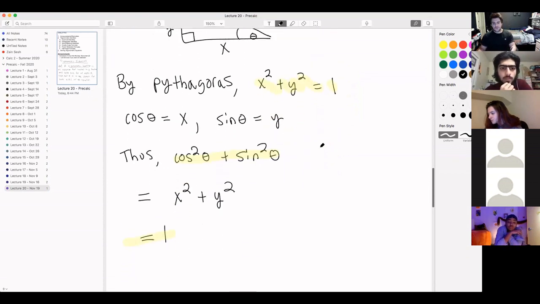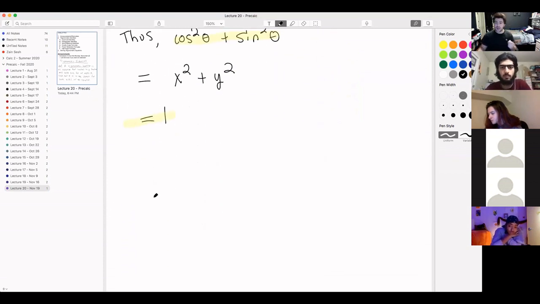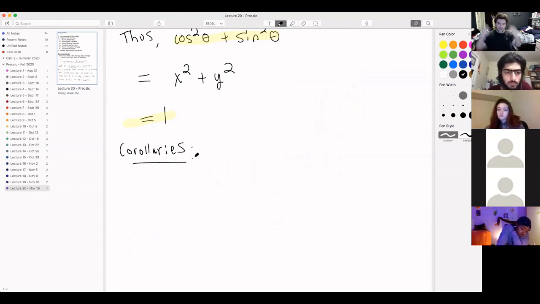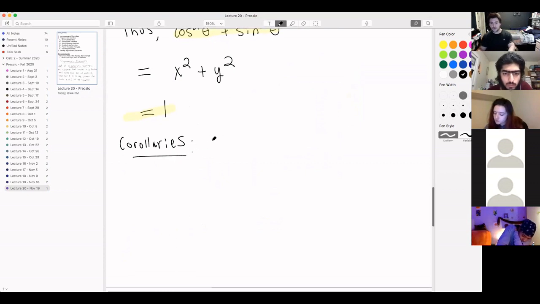So we actually do have some consequences or some corollaries. A corollary is just a mathematical term for a consequence, something that follows from a previous theorem. So, corollaries: the following identities follow.